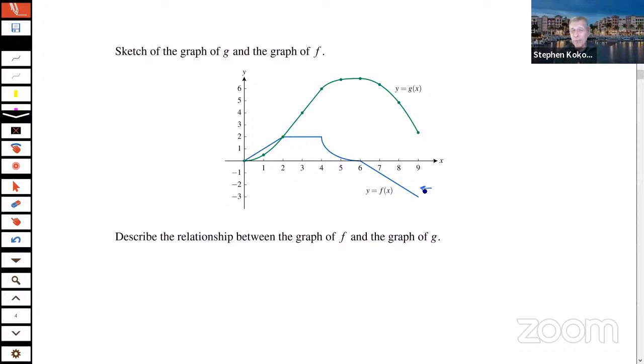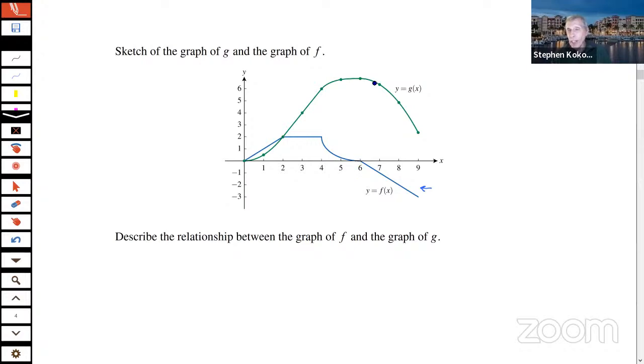And as Tom was just mentioning a little while ago, look, what's the relationship here? What would your students see? I hope they would see here that as g is increasing, the graph of f is positive. Right here, where the graph of g is almost flat, f is almost 0.